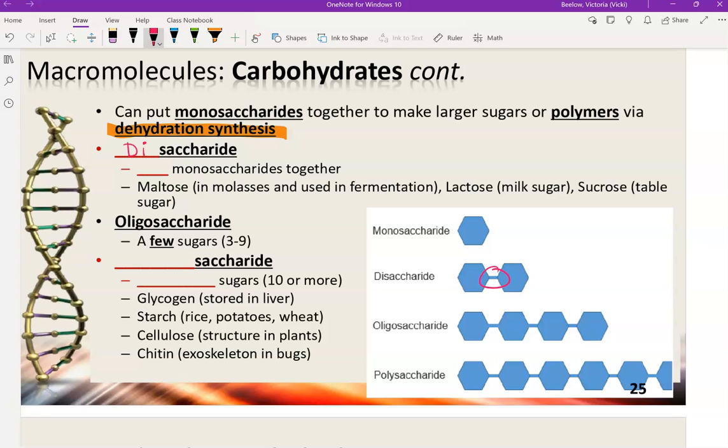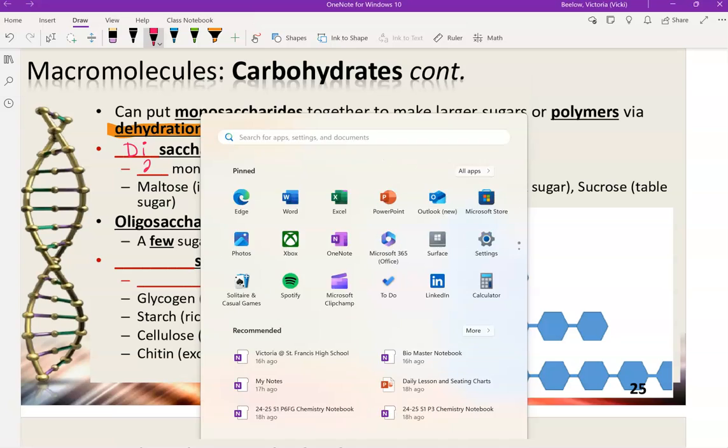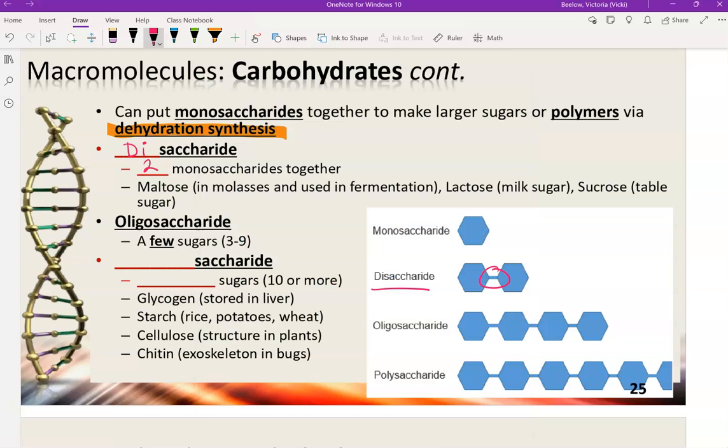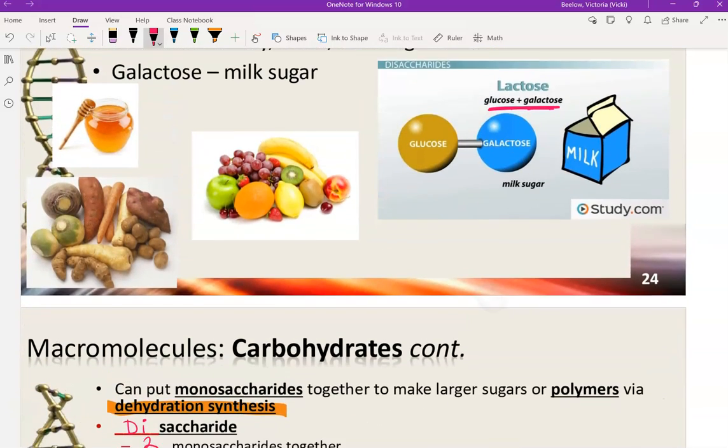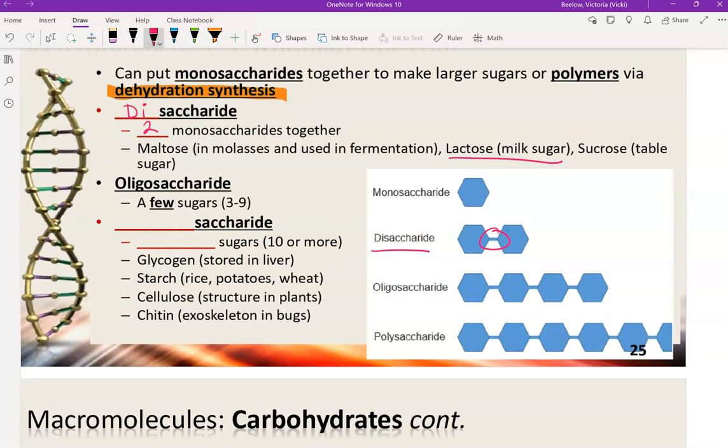A disaccharide is when you put two monomers of carbohydrates together, or two monosaccharides. And that could be lactose, which we talked about is glucose and galactose bonded together. You can have maltose, that's in molasses.